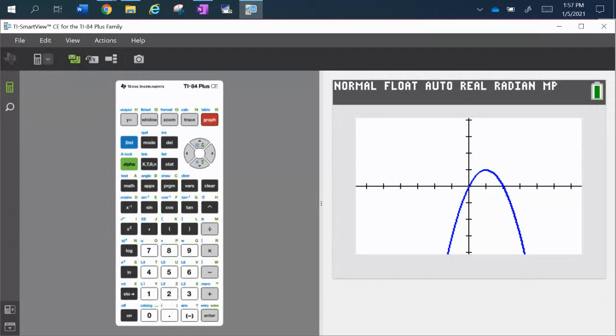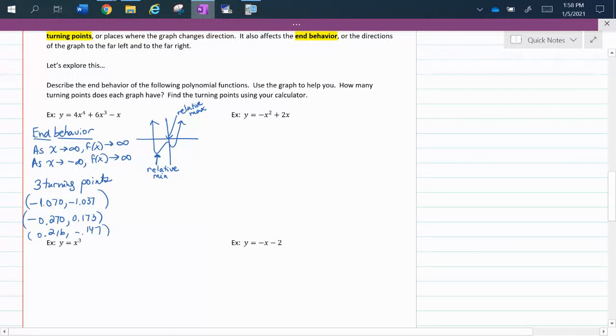And it looks like as x approaches negative infinity, which means as we go forever to the left, it looks like this graph is also going down forever. So as x approaches negative infinity, the function is also going down to negative infinity. So these are the sentences we write.